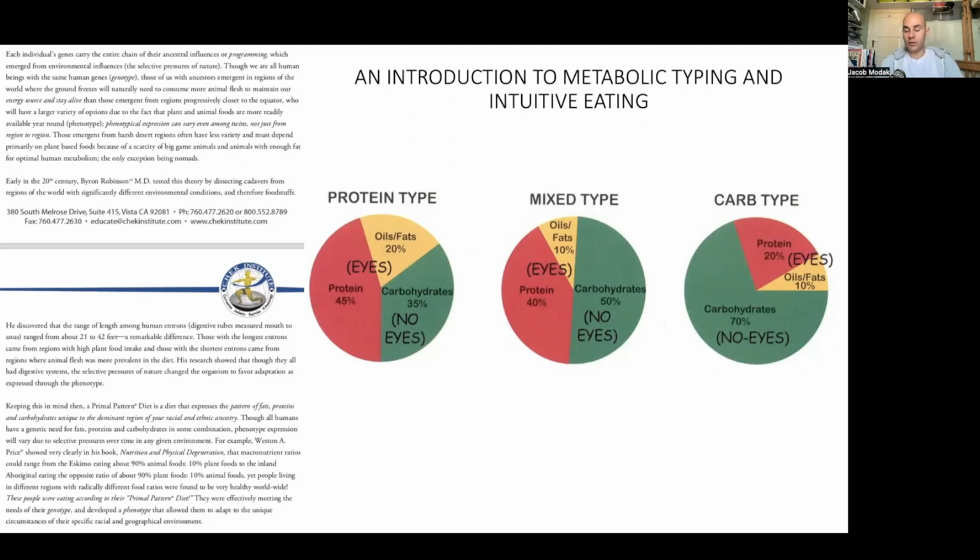So I'll give you an example with myself. I don't feel like I've ever really been a full-on protein type. I've always felt best with a mixture, and the carbohydrates that I tend to do best on are potatoes, honestly. Sweet potatoes and normal potatoes. I don't do well with gluten at all. In any gluten, sugar, and dairy, I just don't do well with them.